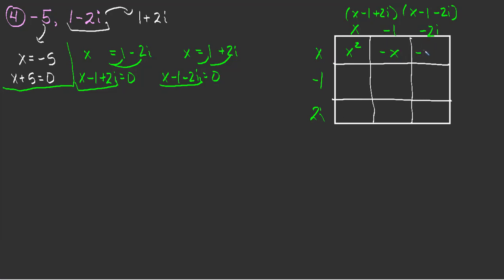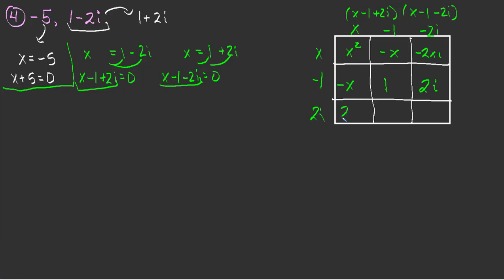Multiply, and that gives me negative 2xi. Or you could have put the i before the x. Typically, it's written this way. So negative x, positive 1. Negative 1 times negative 1 is positive 1. Negative 1 times 2i, and negative 2i is going to be a positive 2i.